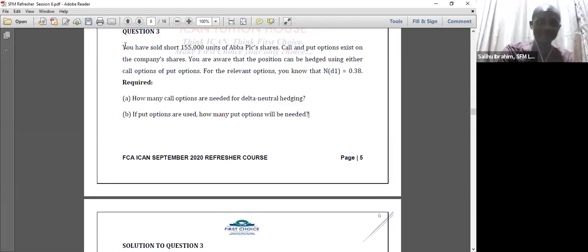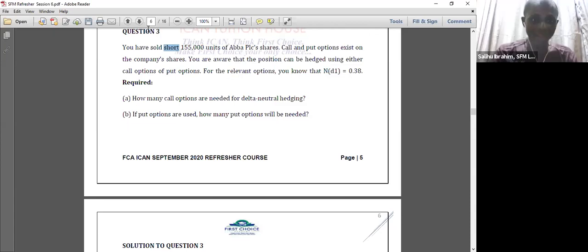Now, let me explain this to you. When you hear sold or short, to take a short position means you want to sell. If you are taking a short position in shares, it means he has sold shares. But if I had said the investor has taken a long position in shares, it means the investor has bought shares.